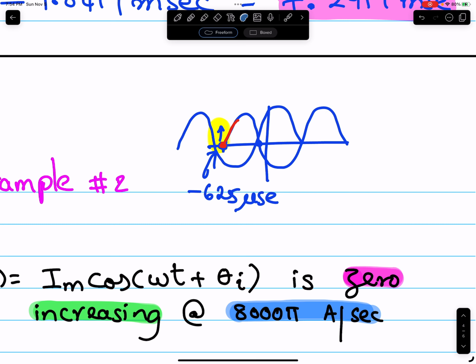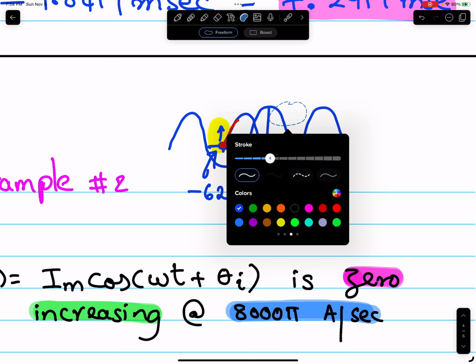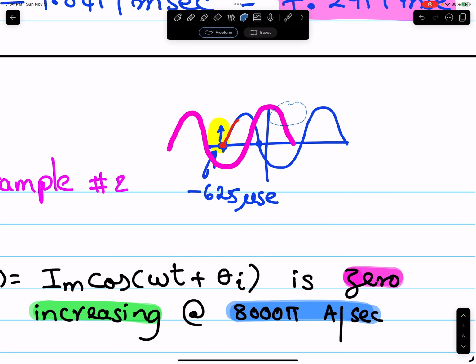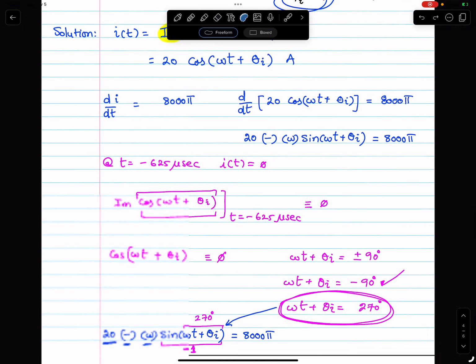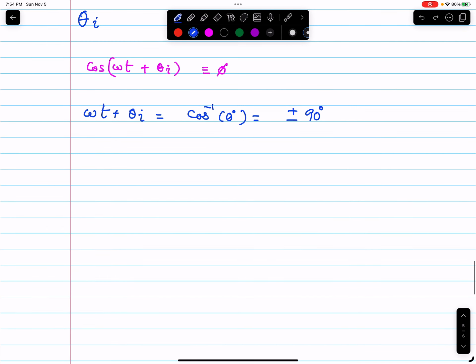Without a phi angle, at time t equals 0, the maximum amplitude would happen, but because we are delaying this, the phase angle is negative. So we are going to use negative 90 degrees. So omega t plus theta I equals negative 90 degrees.